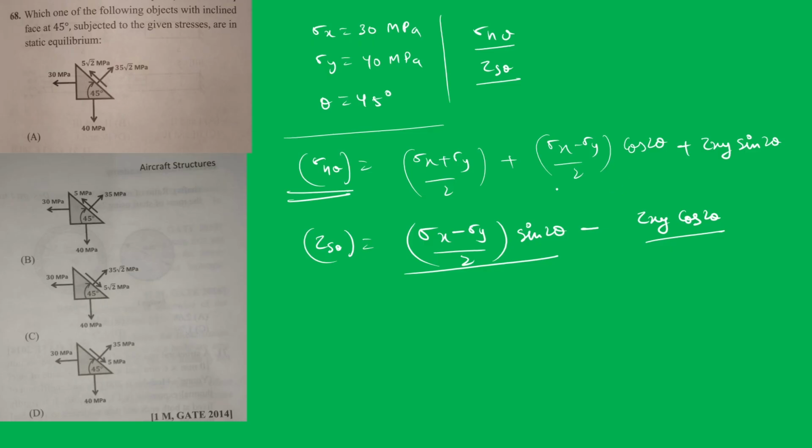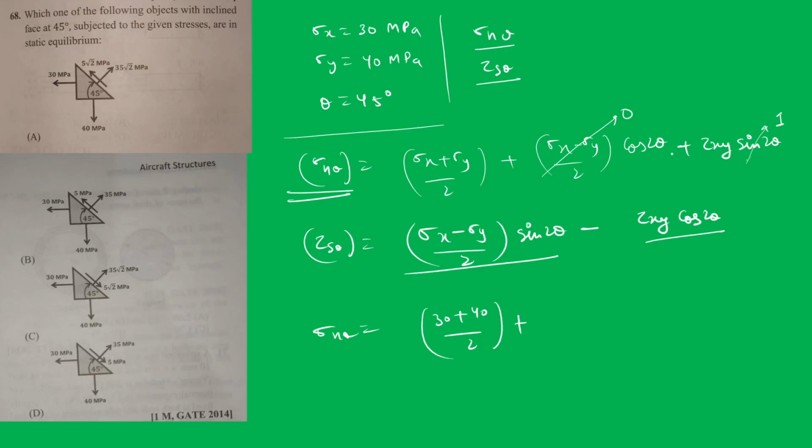Theta is equal to 45 degrees, so cos 2 theta will be cos 90 degrees, which becomes 0. And sin 2 theta is sin 90 degrees, which is 1. So what can you write? Sigma n theta is equal to sigma x plus sigma y by 2. Sigma x is 30 and sigma y is 40, so 30 plus 40 by 2, plus tau xy into 1.